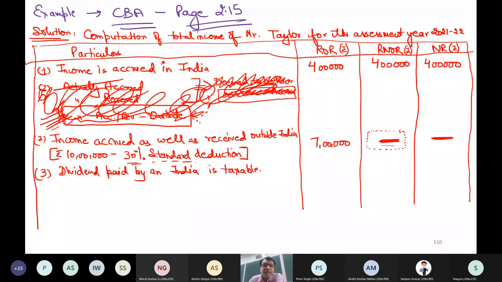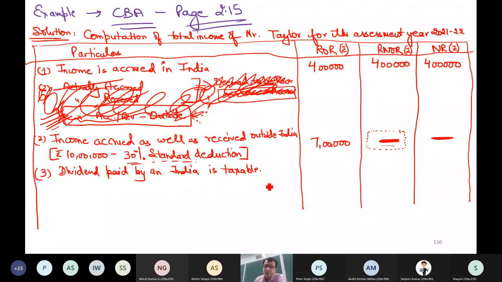Had it been received in India, it would have been treated as income received in India, and it would have been taxable for everyone, ROR, RNOR or NR. If you assume that it is received outside India, still under Section 9 it has become income deemed to accrue or arise in India, so it becomes taxable for ROR, RNOR or NR.